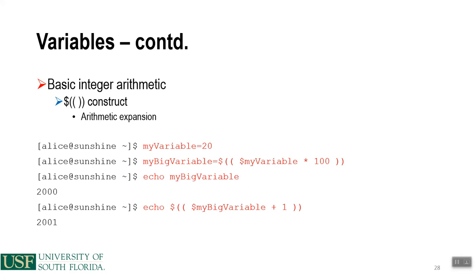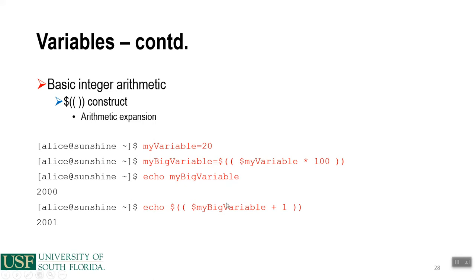With variables, you want to think also about what's called basic integer arithmetic. So if you wanted to do my variable is equal to 20, my big variable can be equal to $ parentheses parentheses $my variable times 100. What these parentheses do is they're the syntax that you need to use when you're doing bash scripting.